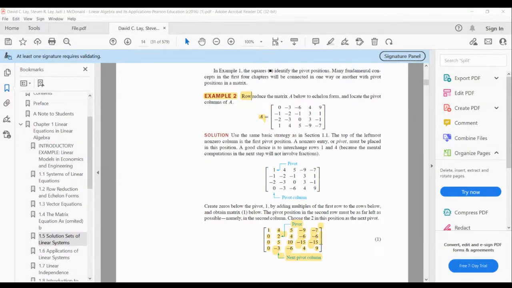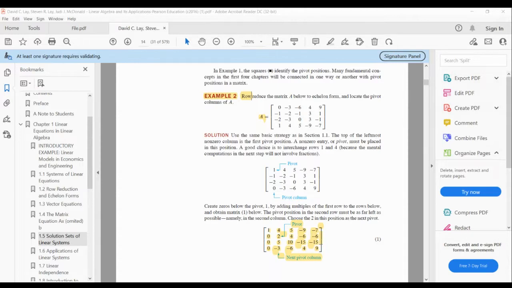The third row would be 0, 5, 10, -15, -15. So you use the number 1 pivot to produce zeros in the first column below the pivot. That's the goal, right? We want to get zeros in the matrix using the row operations.